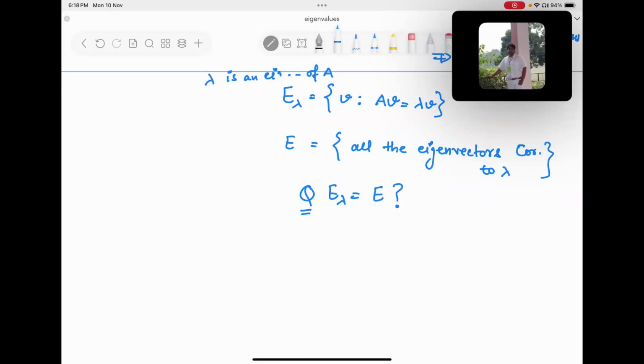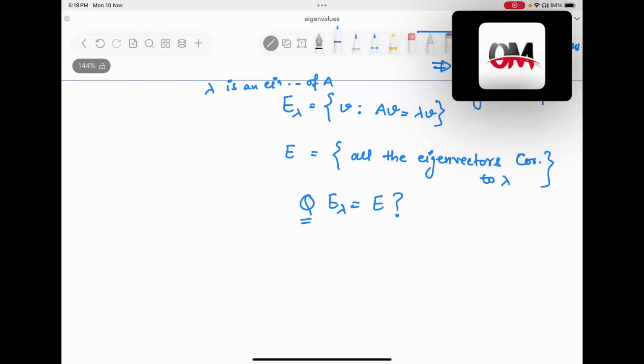No, sir, this may be different. So why? Because, sir, one eigenvector can correspond to only one eigenvalue. But in E, there are all eigenvectors.